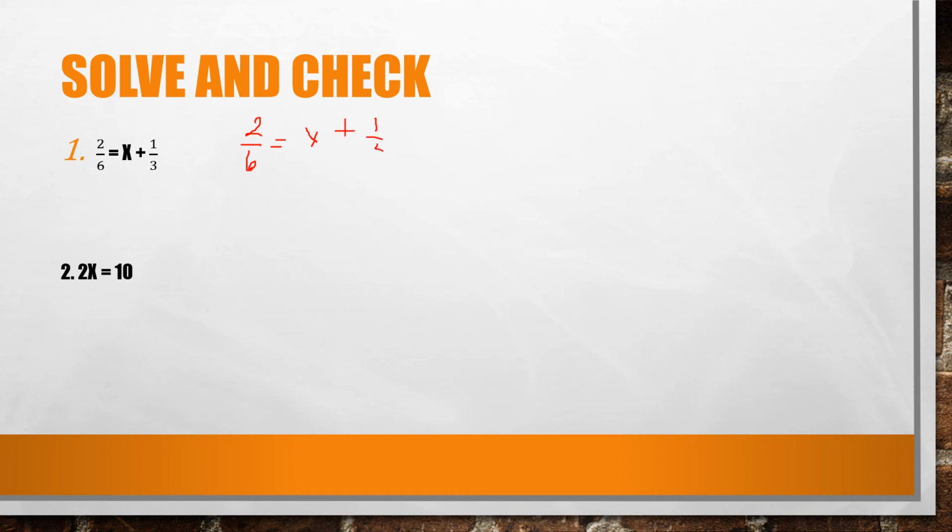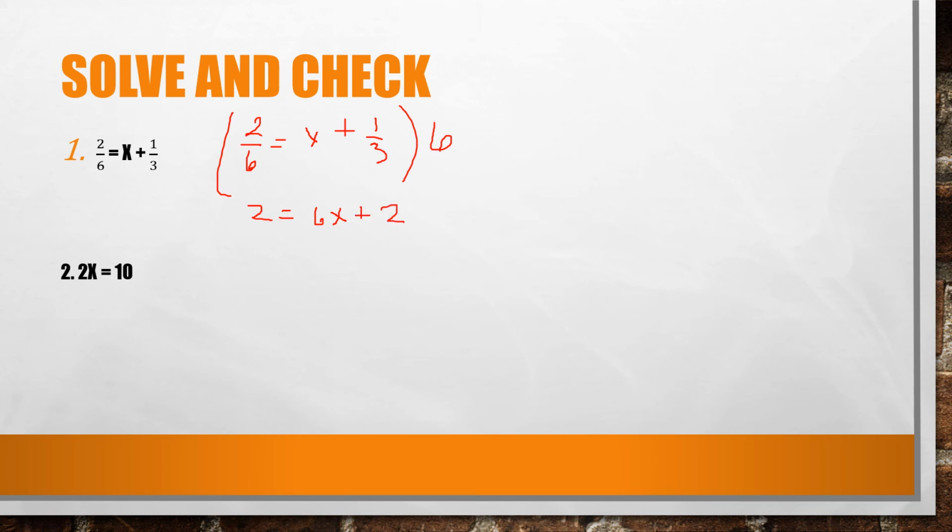Okay, so we multiply both sides by 6 because 6 is the greatest common denominator, or the LCD of 6 and 3. Okay, so 6 divided by 6 is 1 times 2 is equals to 2, and 6 times x is 6x. 6 times 1 is equal to 6 divided by 3 is equals to 2.